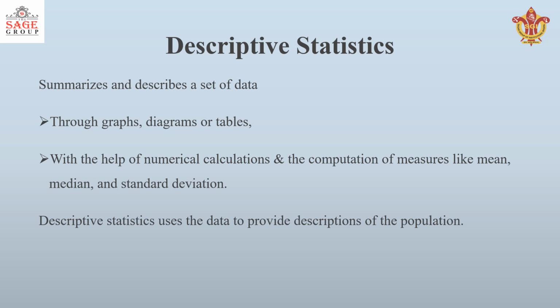This summary is presented by means of graphs, diagrams or tables, with the help of numerical calculations and the computations of measures like mean, median, standard deviation, correlation coefficient, etc. Descriptive statistics uses data to provide a description of the population. So basically, it describes the nature of the population.